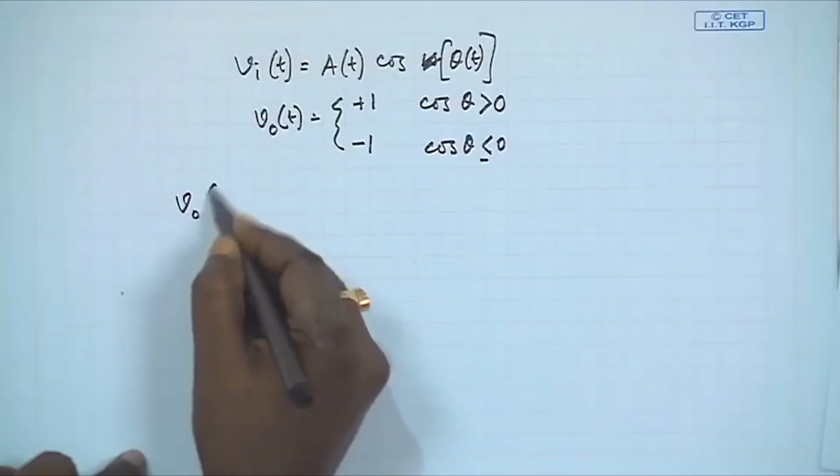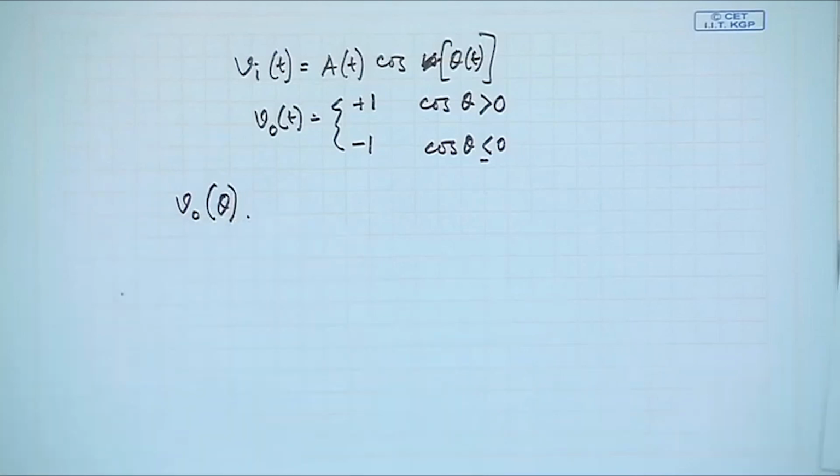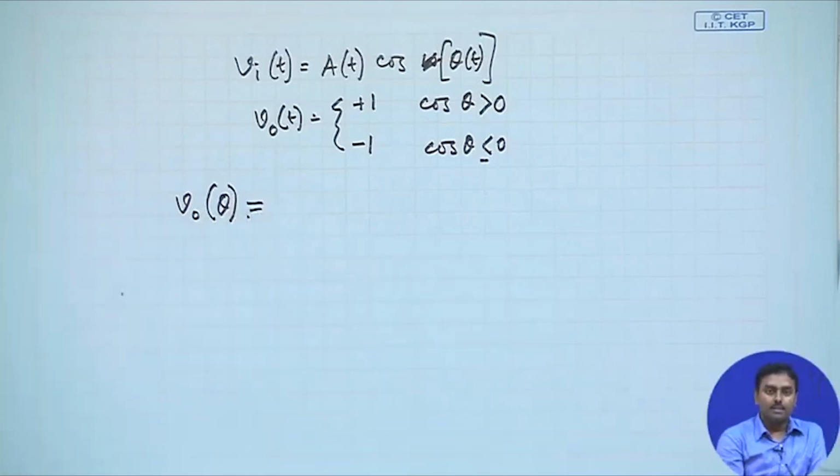Okay. So, after passing it through a hard limiter, of course, there is a theta variation, but we can ignore that. As long as we are plotting with respect to theta, we can just try to see what this output will be. So, this V output, if we say it is a function of theta, how does that look?